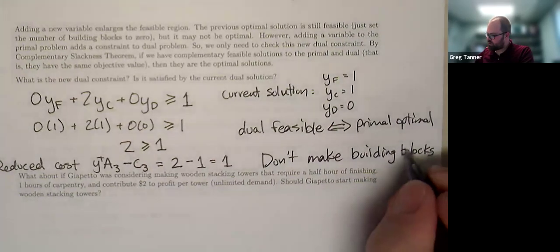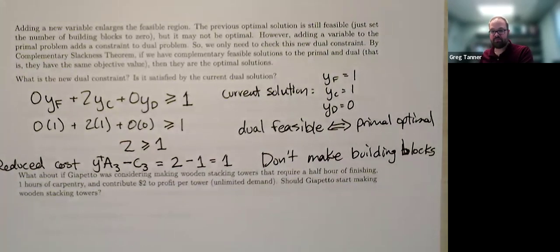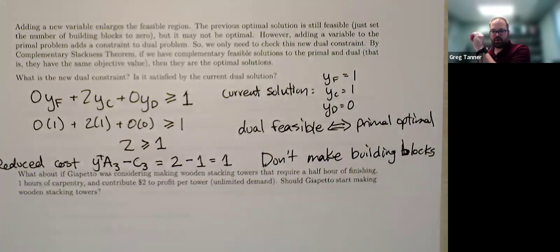They're not worth it. The profit is not enough to make them worthwhile to bring into the basis, and so they stay non-basic, and we'd be making 0 of them.